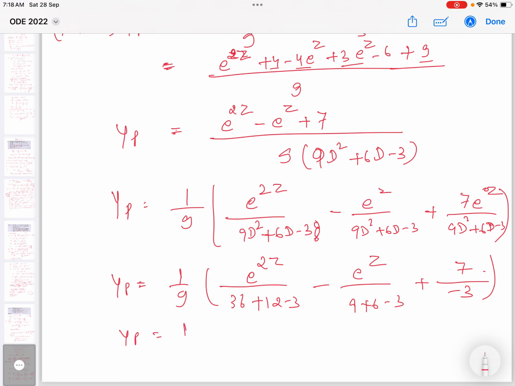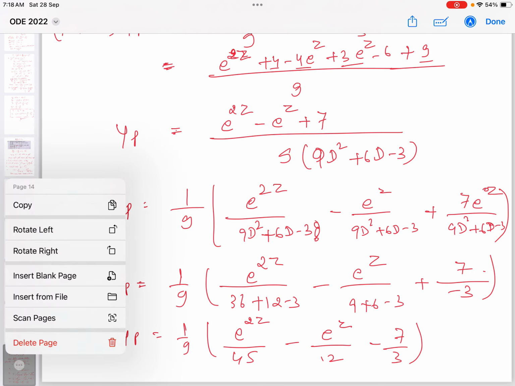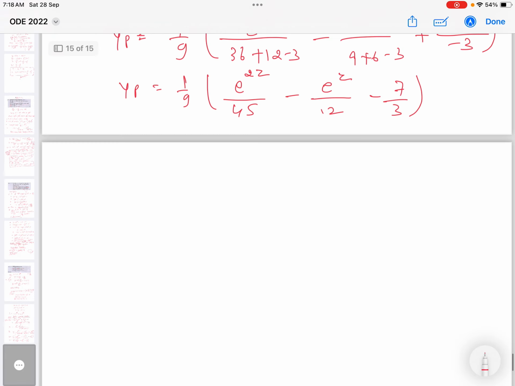Yp becomes 1 by 9 e raised to the power 2z over 45, then minus e^z over 12, minus 7 by 3. So the y complete solution will be nothing but y complementary plus y particular.